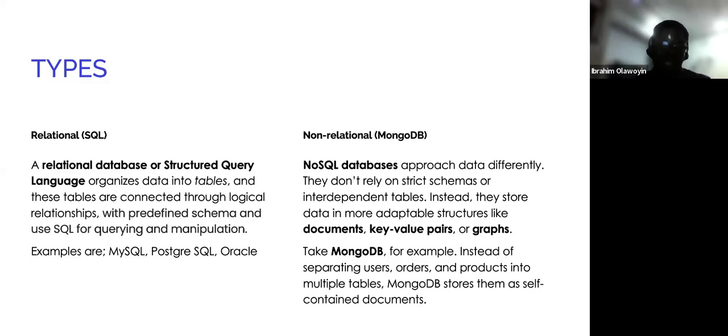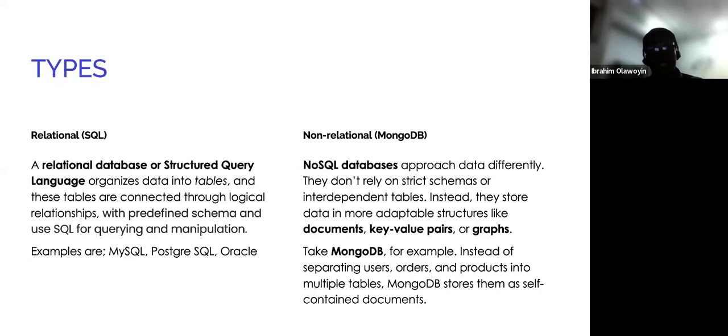Now, I would also want to give us a brief overview of what a non-relational database is. For example, MongoDB, right? We also have another example, Cassandra. The nature of non-SQL, as the name implies, means it's an unstructured or semi-structured database.